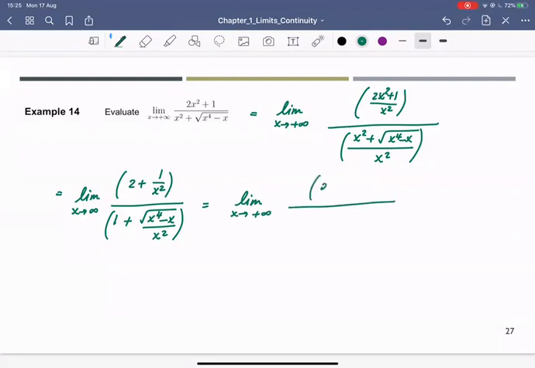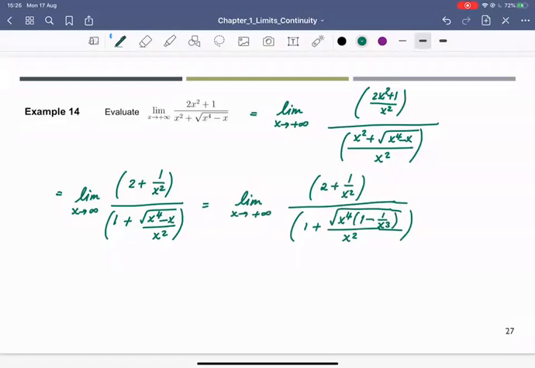So I'm gonna keep everything on the top. In the bottom, we're gonna have 1 plus. Here, I am going to pull out x to the 4 first. So I have x to the fourth power, and then I have 1 minus 1 over x cubed. All right, I hope you can follow.